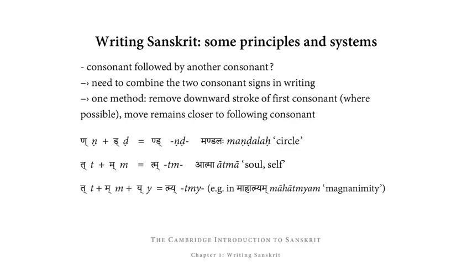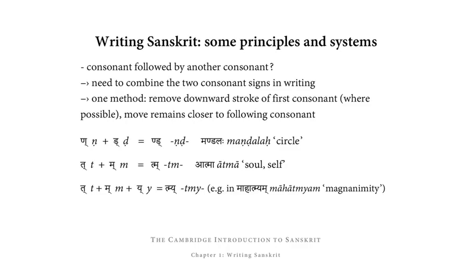So, for example, if I have the word mandala, which means circle, in English it's usually pronounced mandala, but let me tell you that's wrong, then I could theoretically write my n as the consonant n plus that little diagonal stroke, the virama that we just encountered. But that's usually not done inside a word. You will find that used just at the end of a word.